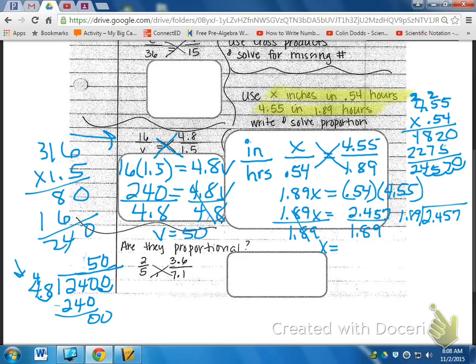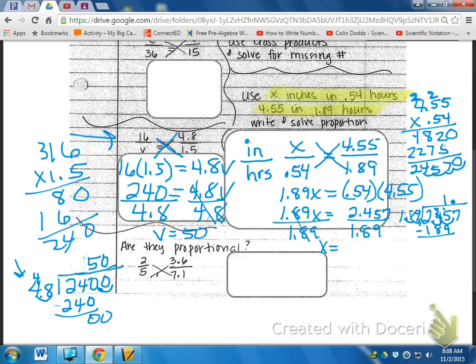divided by 1.89. What do I need to do about the decimals here when I'm dividing? Anybody know? I'm going to move it over 2 spots, so that means that moves this over 2 spots and goes straight up here. 1.89 goes in here 1 time. So there's a 3.